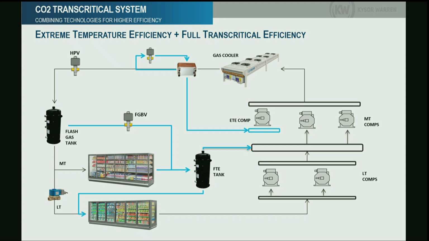This is an example where we combine the ET technology and the FT technology in the same system, and you get the full benefit. During high ambient conditions, you get the benefit of the ETE and the FTE at the same time. When you are in low ambient conditions, you get the benefit of the FTE. So that is one way to combine technologies.